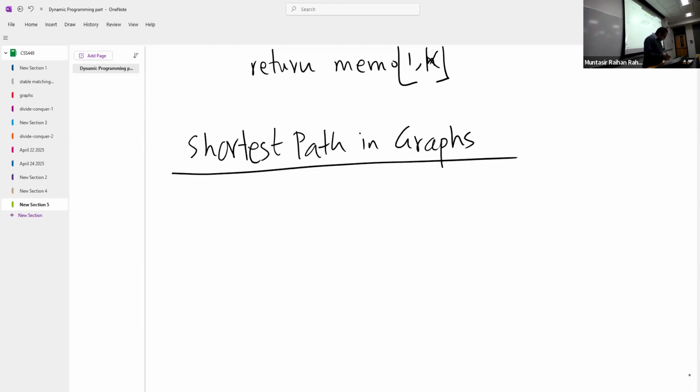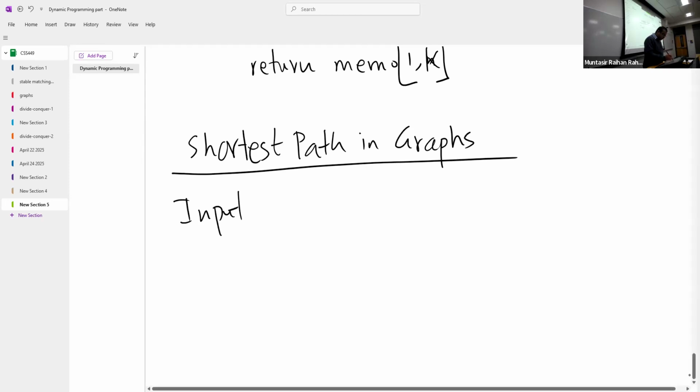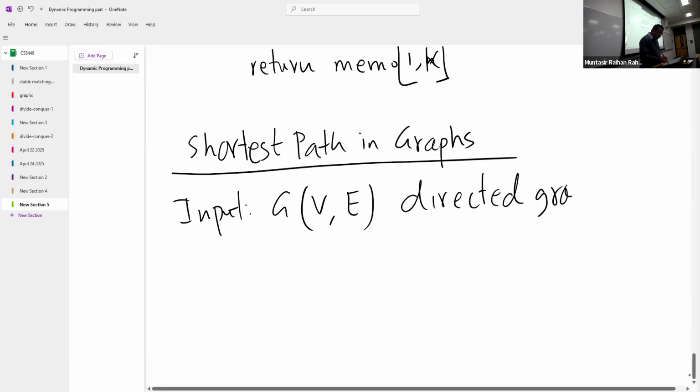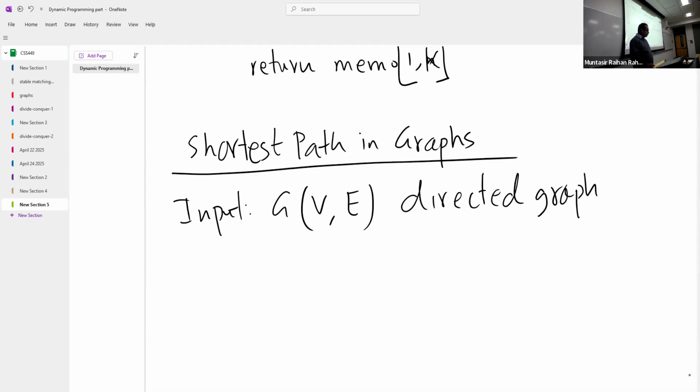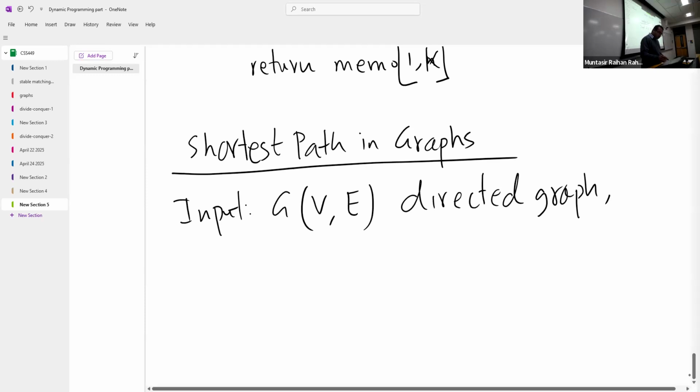So, in general, in our problem, the input is going to be a graph, and we can assume it's a directed graph. If you want, we can also consider undirected graphs, but it's the same problem. We also have a cost on the edges, so it's a weighted graph.